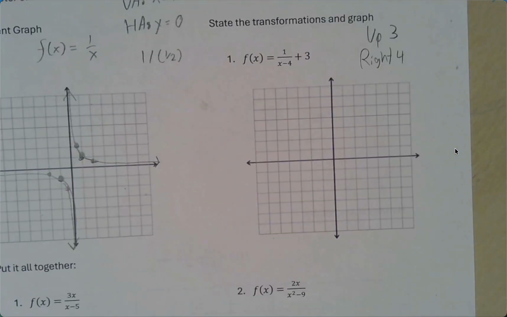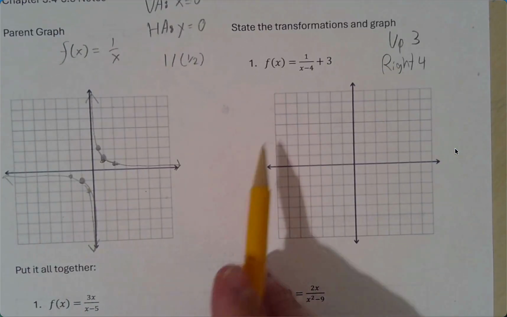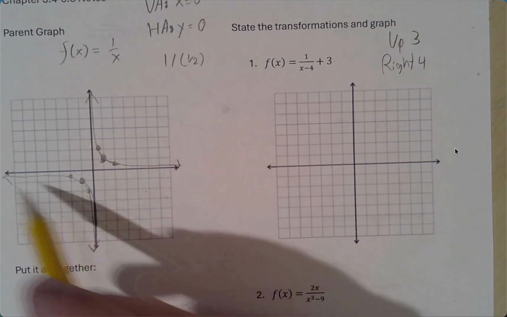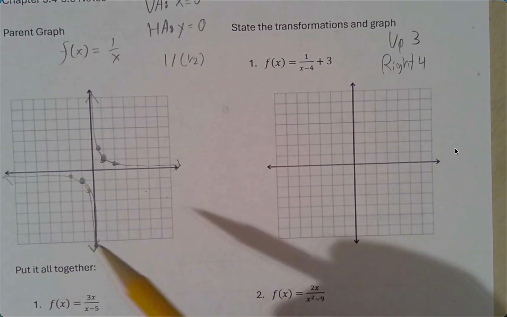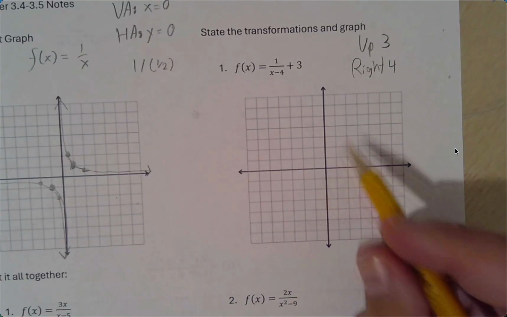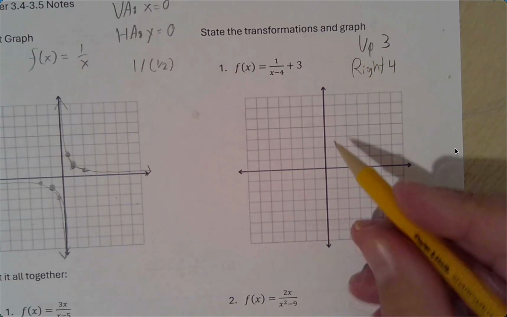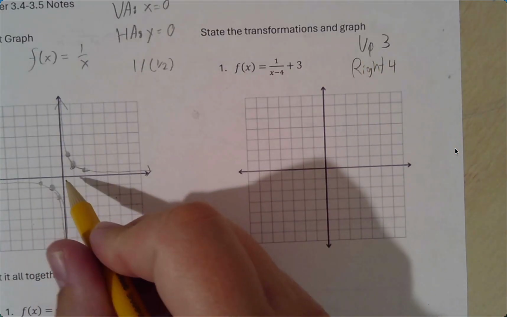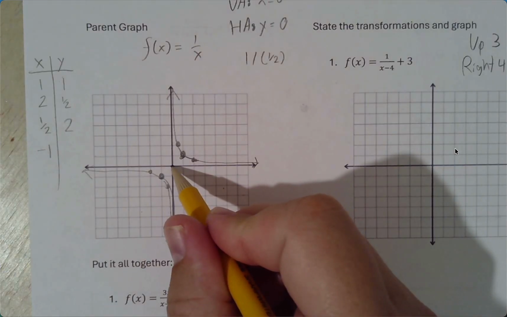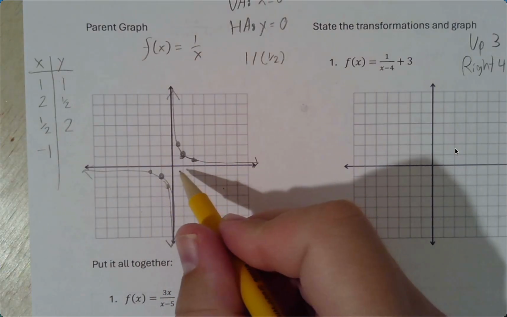And so, with all that being said, I now know what this graph looks like from my parent graph. I've memorized this shape. Thankfully, we're not doing any flipping or compressing or stretching. But this graph, if I move it up 3 and right 4, what have I really done? Well, even though it's not a point on the graph, there still is this point right here in the origin, which is causing some symmetry.